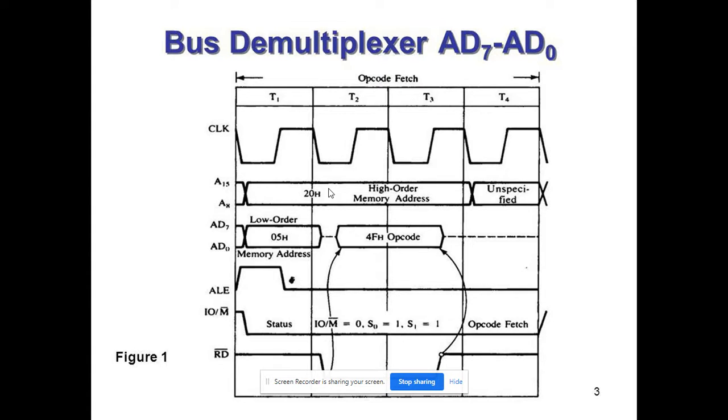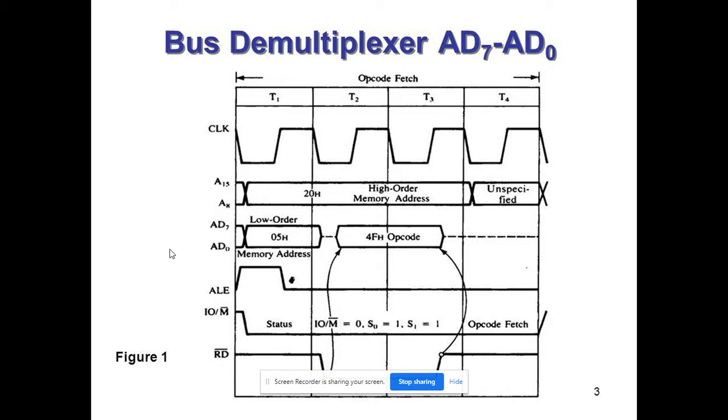So in the early part of the execution, this bus, called the multiplexed address data bus, performs both the functions of addressing and data. It carries the address as well as the data.